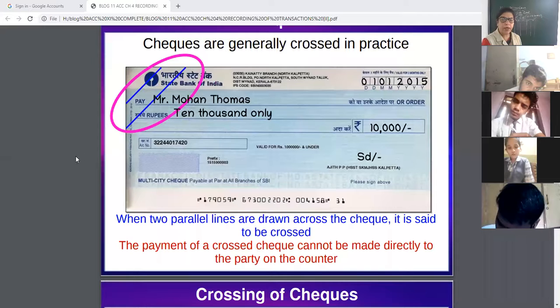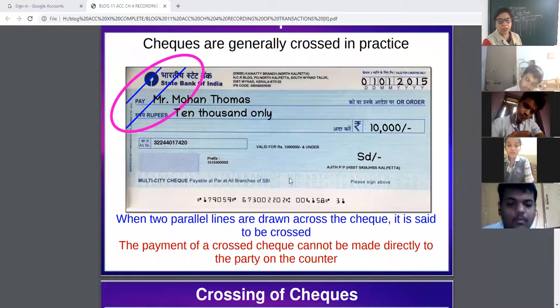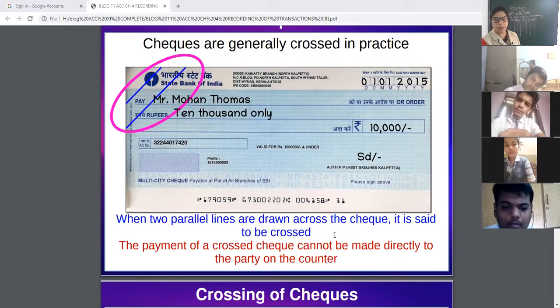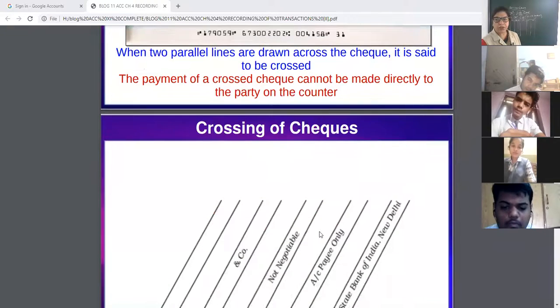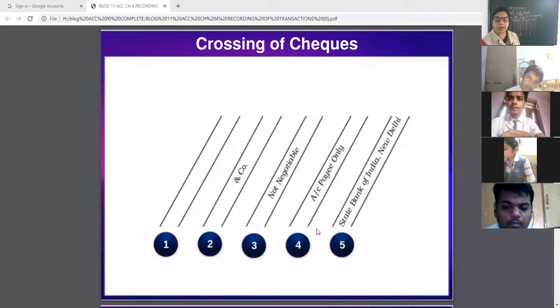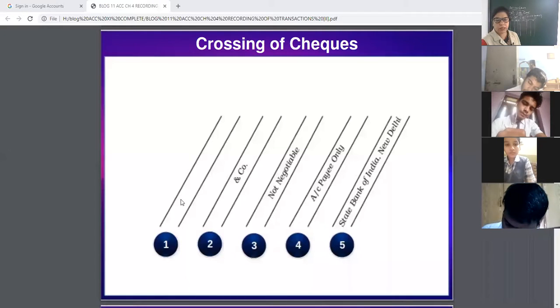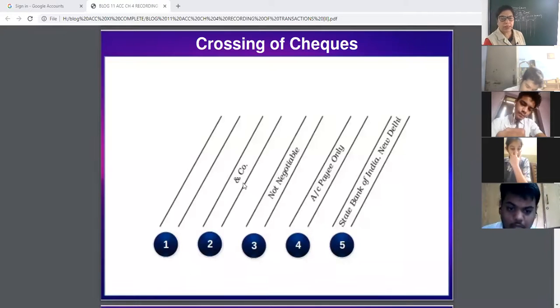Two parallel lines are drawn across the check so that this check will be safe, because the payment will be made directly to the party. That check is crossed means that check is safe now. See, single two lines and company, not negotiable.